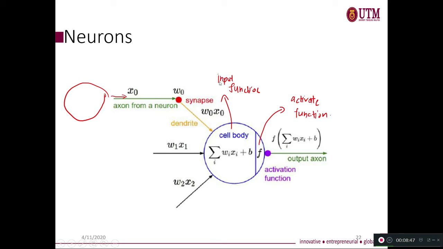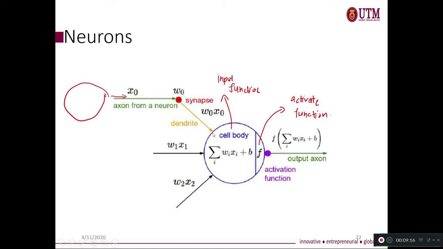So from that, they try to model what actually happens in a single unit of neuron, which can be represented in this block diagram, where this node consists of two functions. One is the input function, the other one is the activation function. You can see that this input function is a linear function that we discussed before.